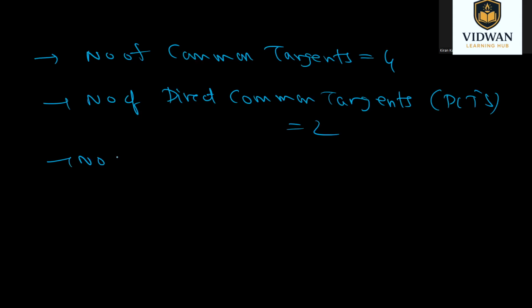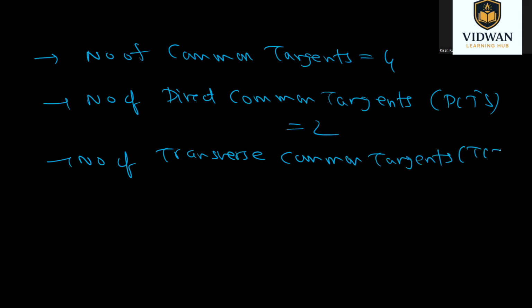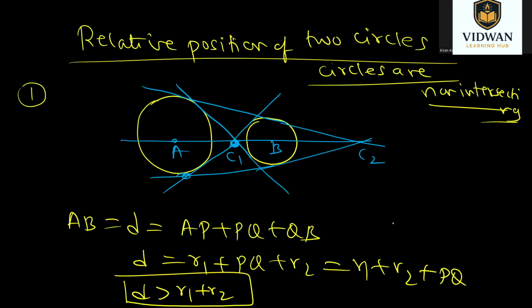And the number of transverse common tangents, TCTs in short form, is also 2. And what is the point where direct common tangents meet? C2 is called external center of similitude. C1 is called internal center of similitude.